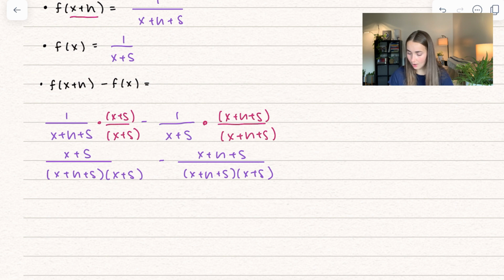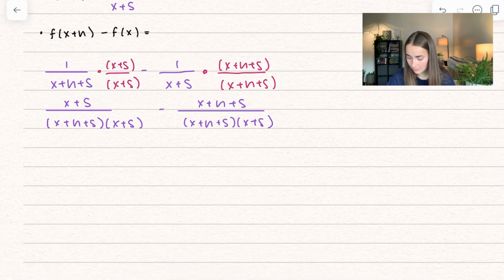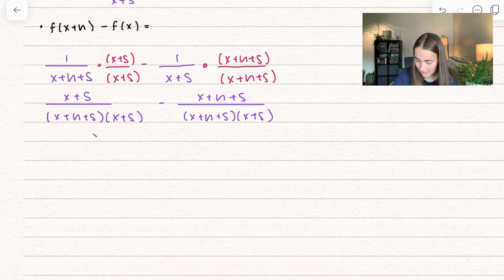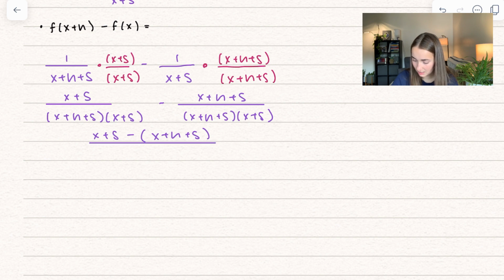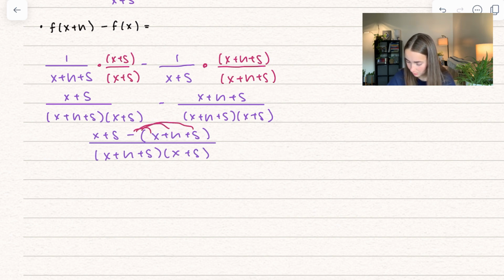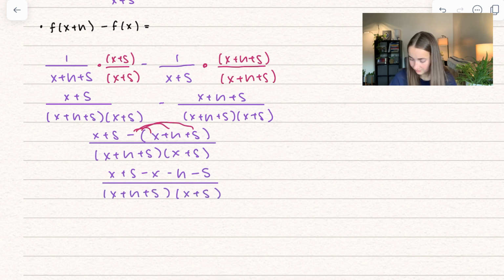So now that I have a common denominator, I can go ahead and combine these two fractions. So I get x plus 5 minus the entire second one, x plus h plus 5. Don't forget that minus sign means we're subtracting each individual element, so I have to distribute it. So when I distribute it, I go all the way through, and now this becomes, and like I said earlier, usually things are going to cancel out.